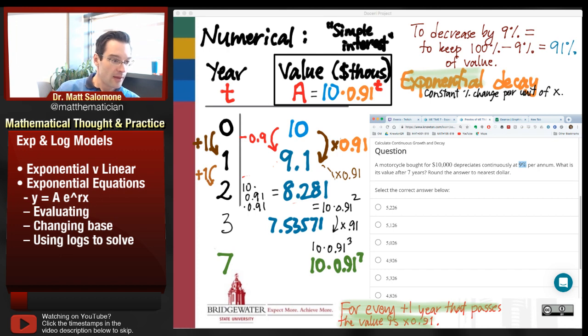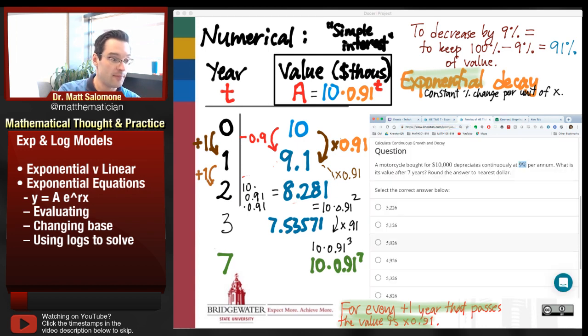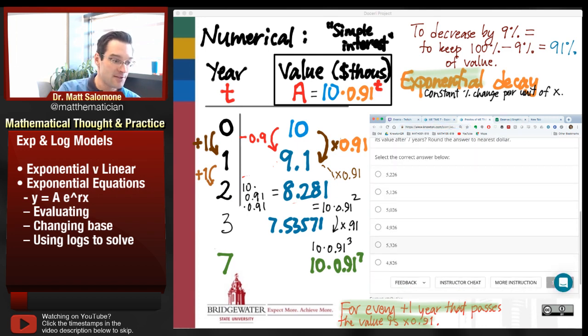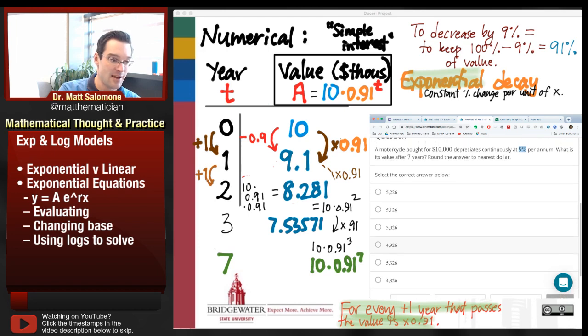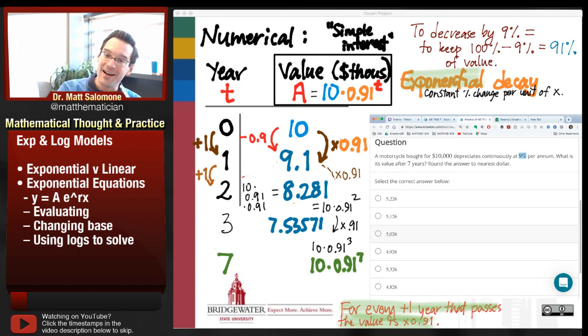The issue, of course, if I'm working this particular problem in Newton Alta, is that the answer that we got, 5,168, I don't see that answer in the list here. And the reason I don't see that answer in the list is because we've ignored one word in the statement of this problem, the word continuously.